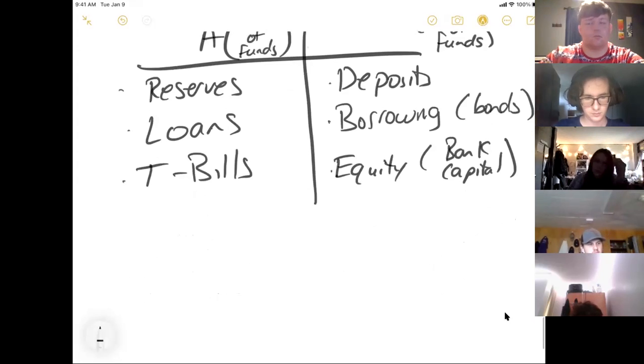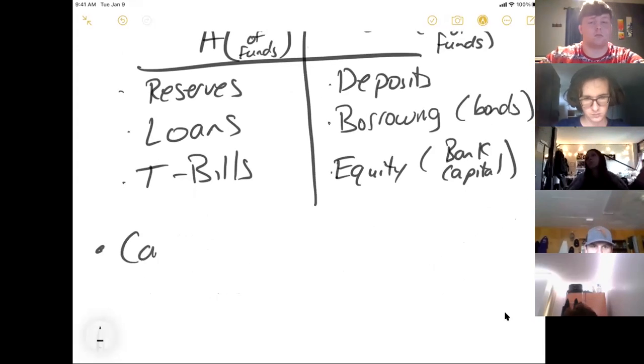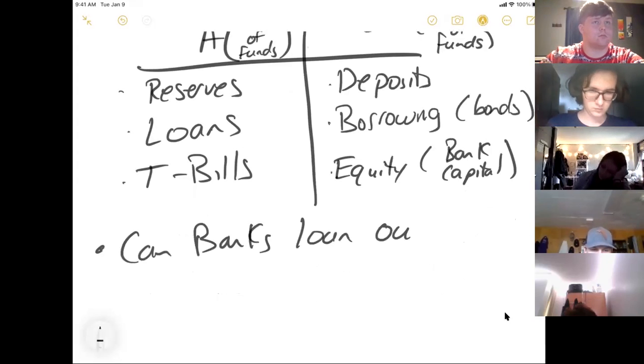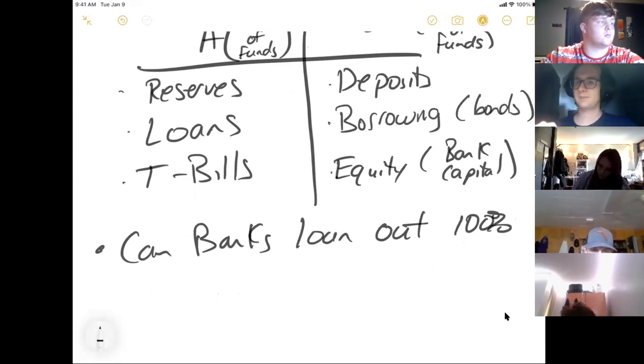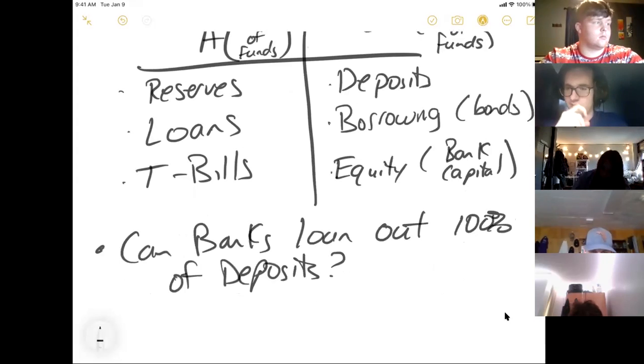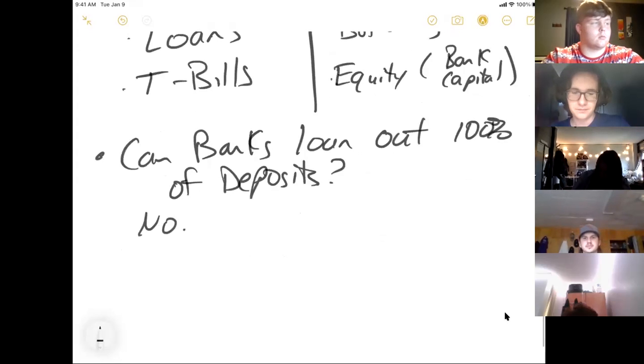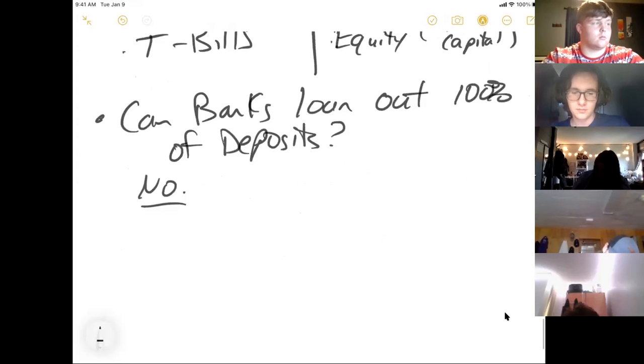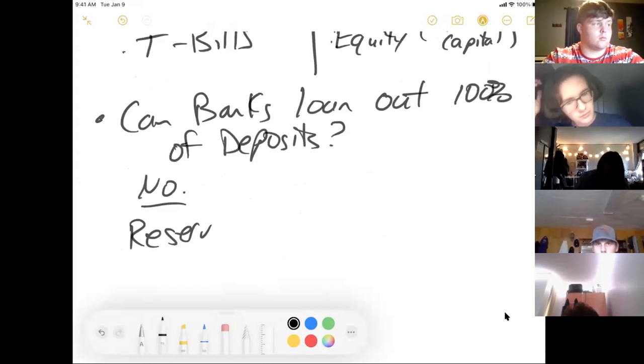Now, for our purposes, let's think about how banks have to handle their deposits. When a bank gets a deposit, can they lend all of that money out? No. Instead, banks are subject to what's called a required reserve ratio.